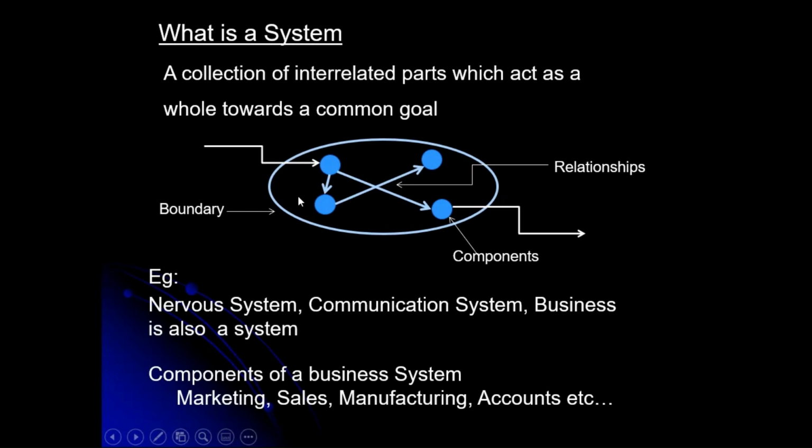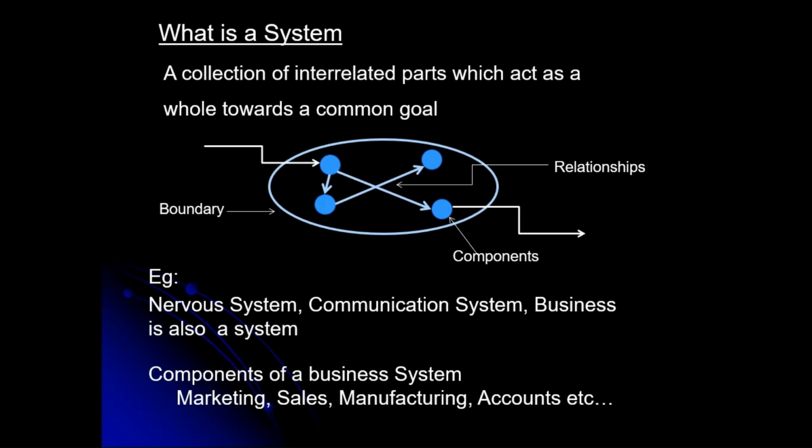Now if one of these components fails to do its task, the system will not be able to achieve its goals. So interrelated components, and all these components should work together as a whole. If one does not work or perform its task, the system will not be able to achieve the objective of the system.